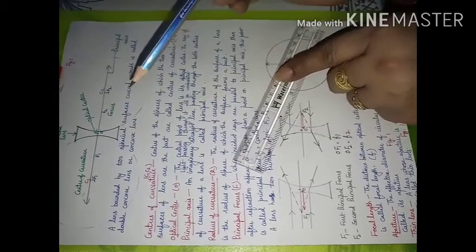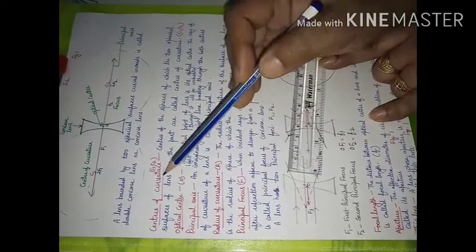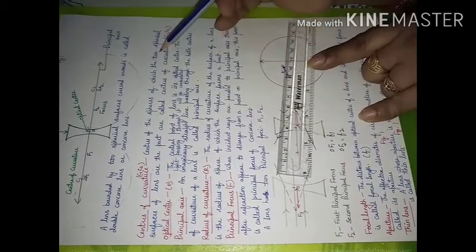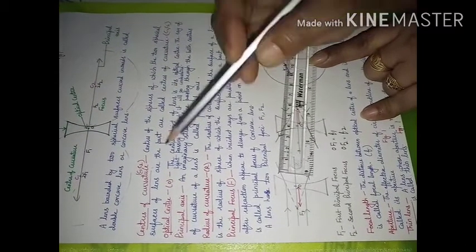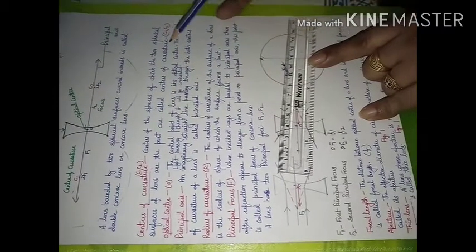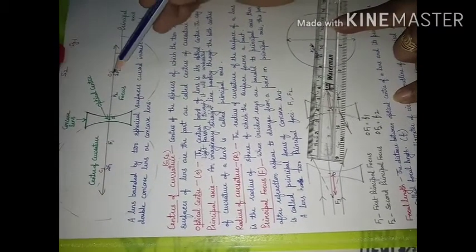So the various terms that we have to discuss related to concave lens: first, center of curvature. The centers of the spheres of which the two spherical surfaces of the lens are part are known as the centers of curvature. On paper this is a circle, otherwise it should be a sphere, and this is the center of the sphere.